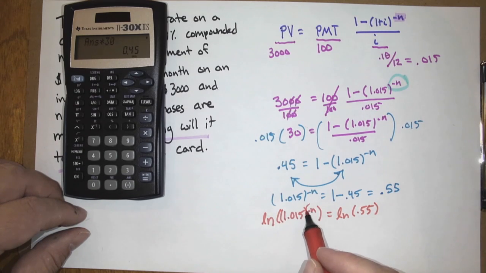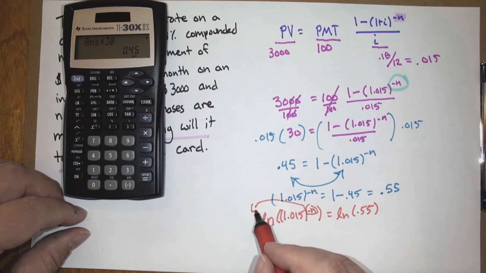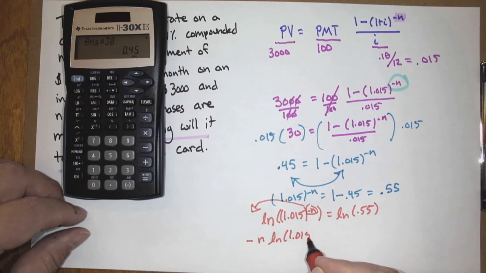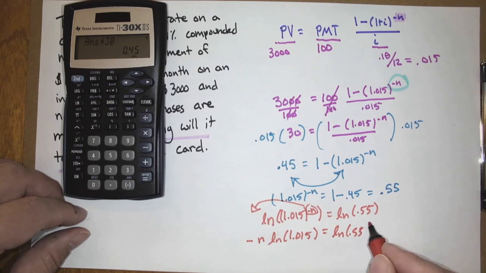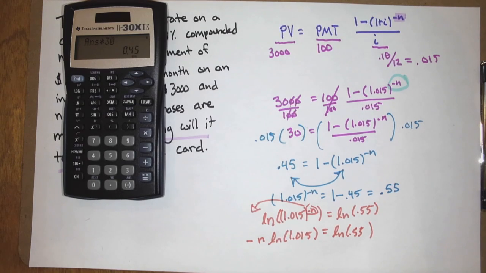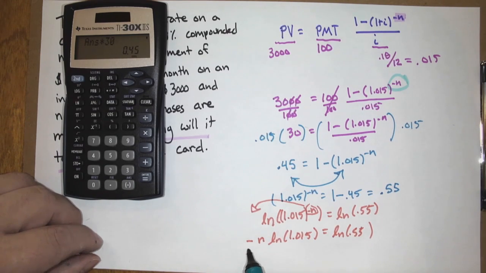And notice, the whole reason we did this is you can bring down the minus n. So minus n times natural log of 1.015 is equal to natural log of 0.55. We're so close. Now that the n is out, we just need to get rid of the things that are multiplying it.